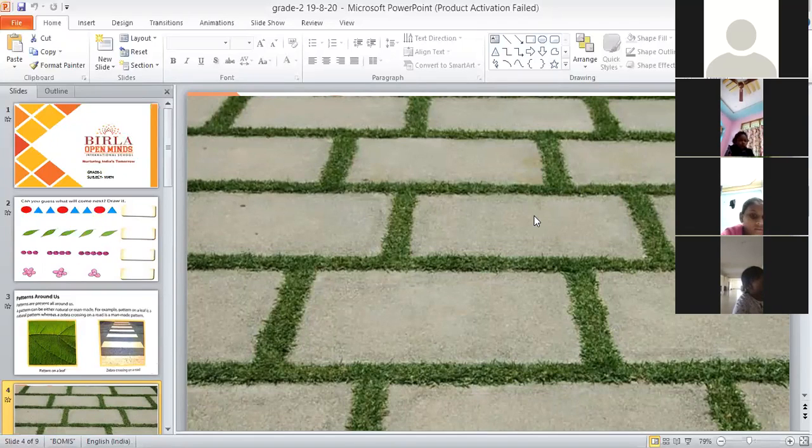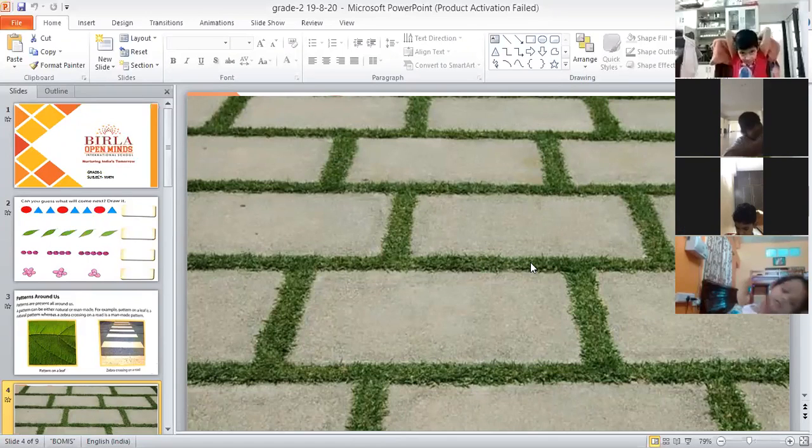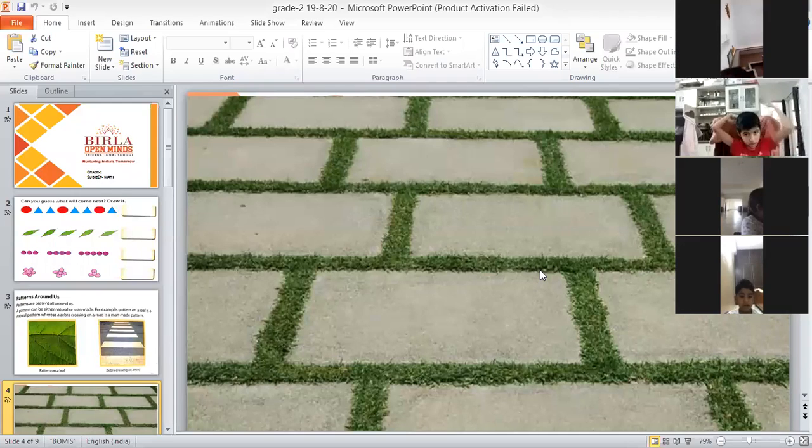AVK Ganesh, unmute yourself and you tell me. AVK Ganesh, man-made or natural pattern? Man-made. Okay. Yes, Supratik? Man-made. Okay. Aryan, man-made or natural?